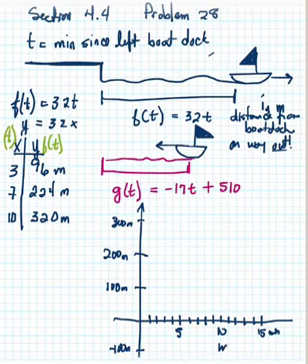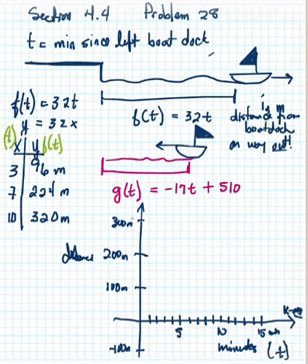All right, but this is all time, and it's in minutes. You can think of it as t, or of course, the x-axis. But we're going to let the x-axis be time. And then this is distance over here. You can think of it as f of t or g of t.